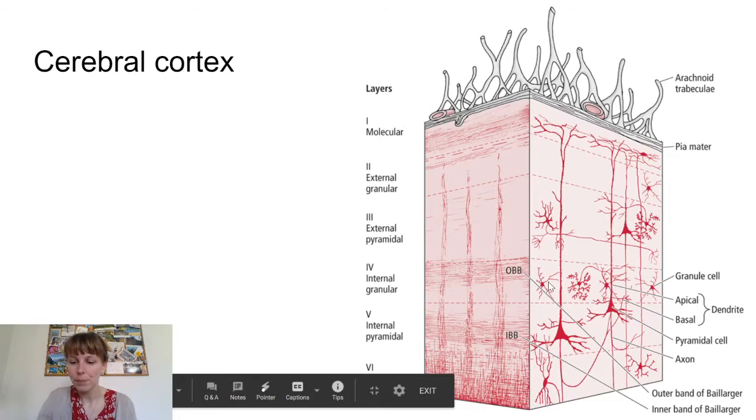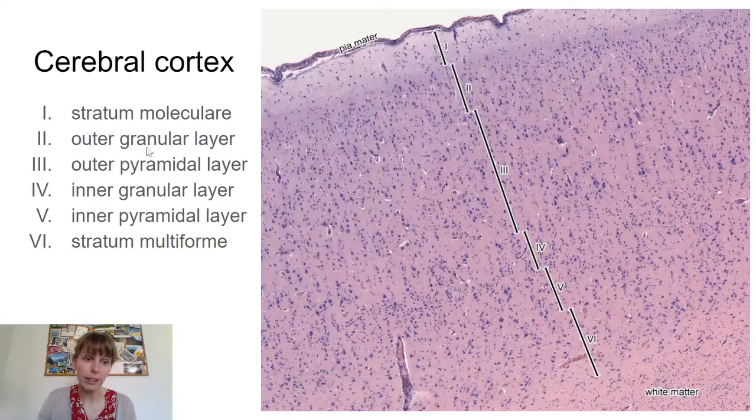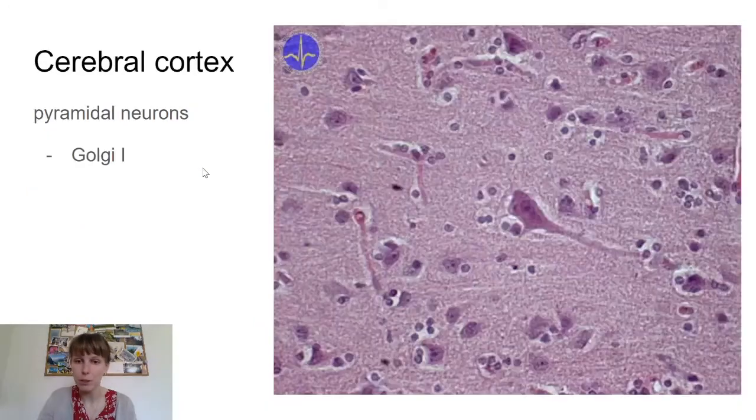The granular layers usually have a lot of smaller neurons, but in the pyramidal layer you also have many smaller neurons and of course many glial cells, and sometimes you can find blood vessels.